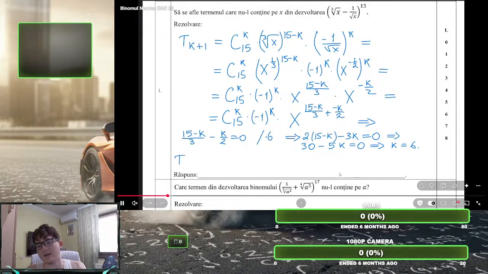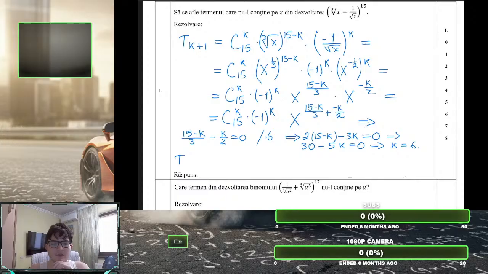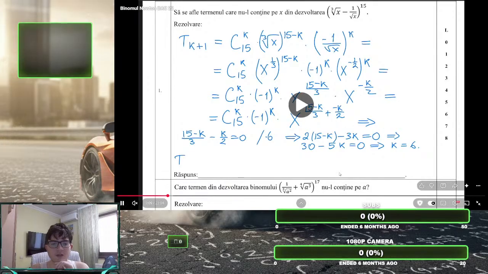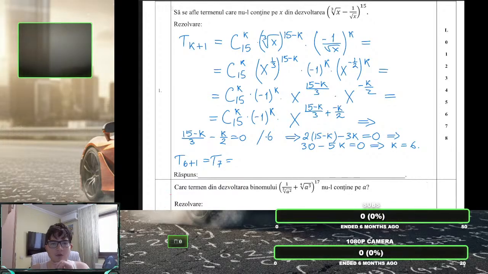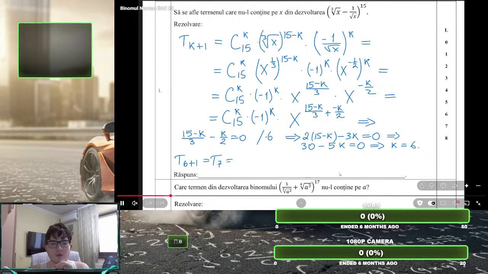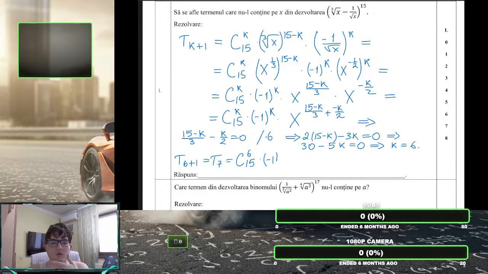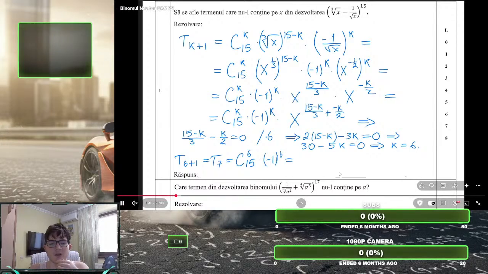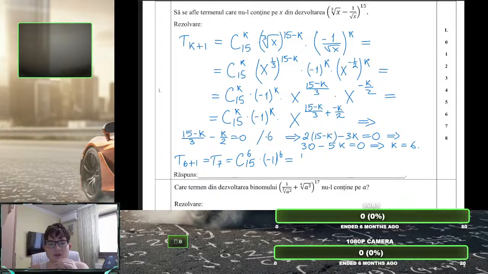So now we know that k is essentially 6. So t is going to be 6 plus 1, so t7 essentially. And now just write down what we know according to the formula. C15 choose 6 right there, because 6 plus 1, so minus 1 to the power of 6, and the x stuff we ignore because we just now work with this.